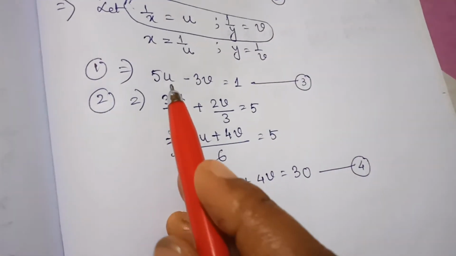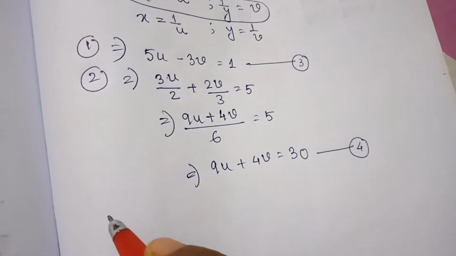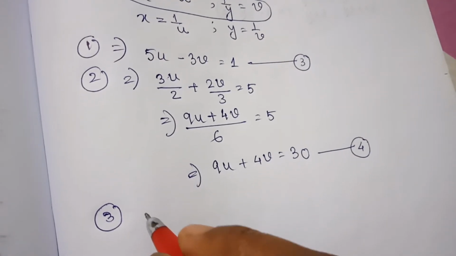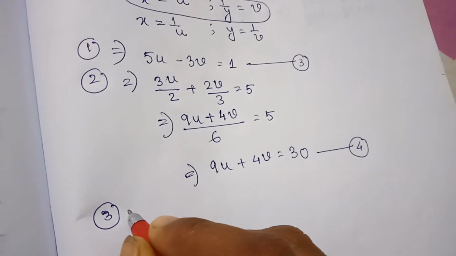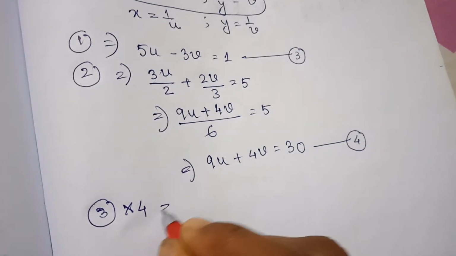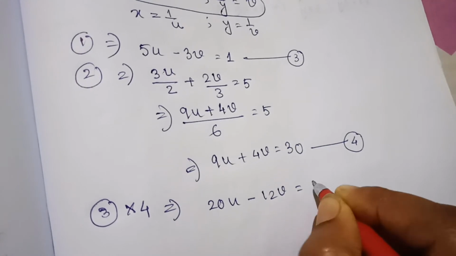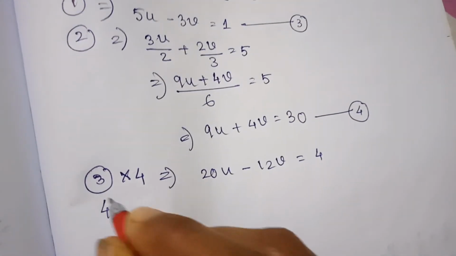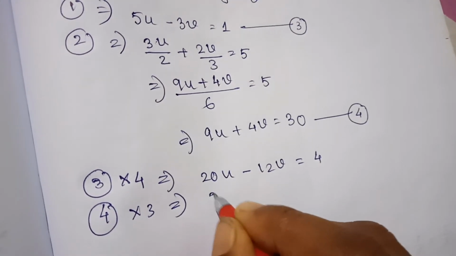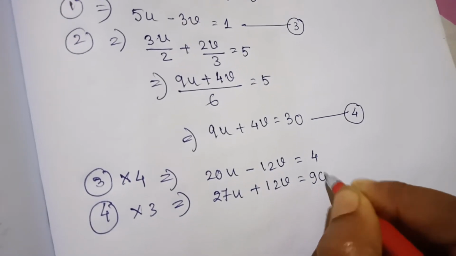So now you have got very simple equations. So number 3, I'm doing it with again elimination method. Number 3, I'm multiplying it with 4. I'm fixing up v. So that means 20u minus 12v is equals to 4, and number 4 multiplied with 3 will give you the result as 27u plus 12v equals to 90.